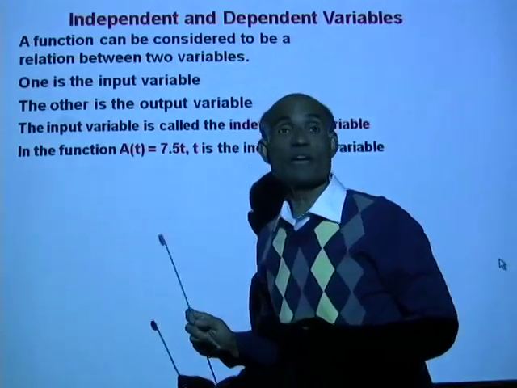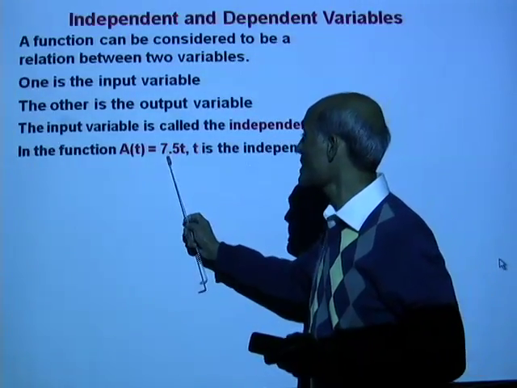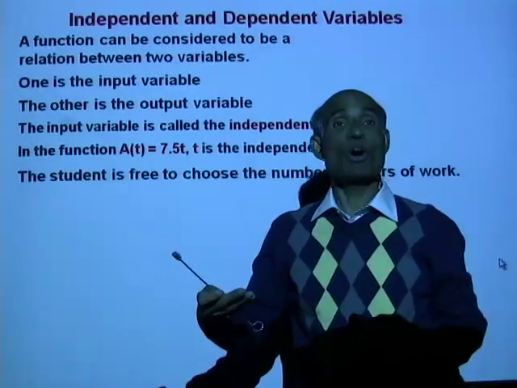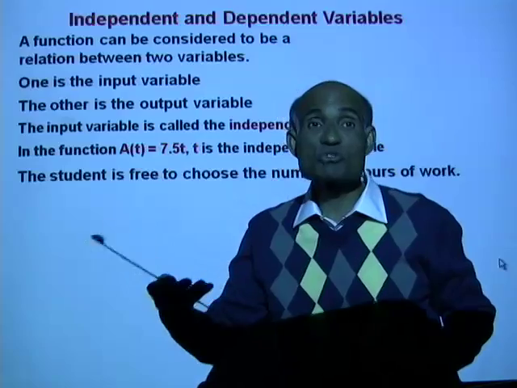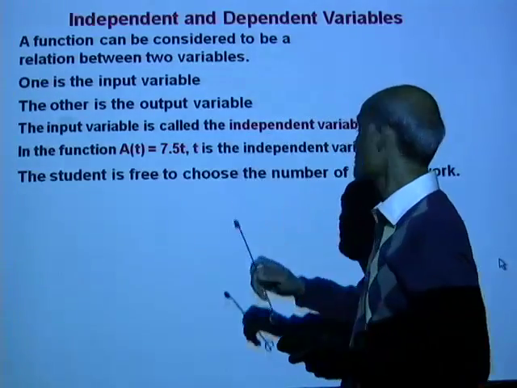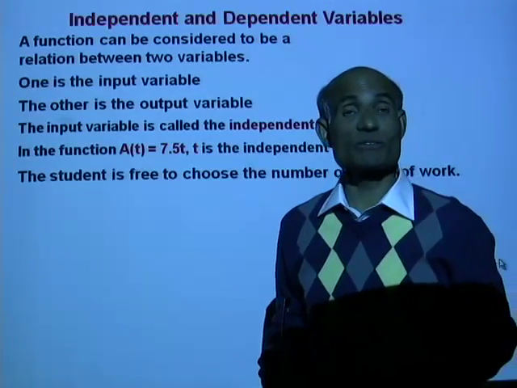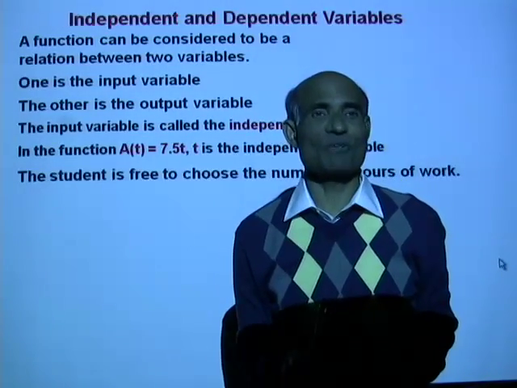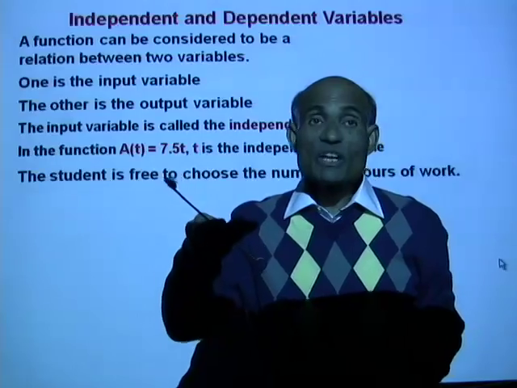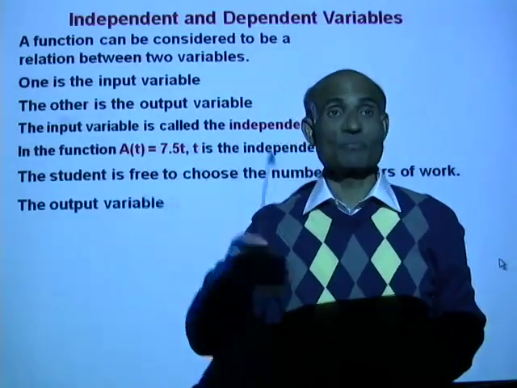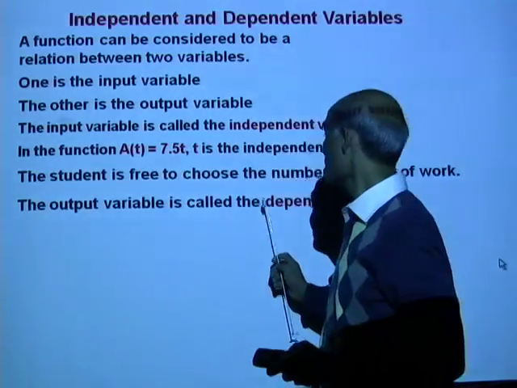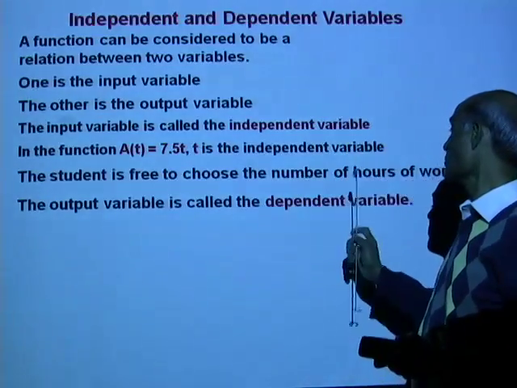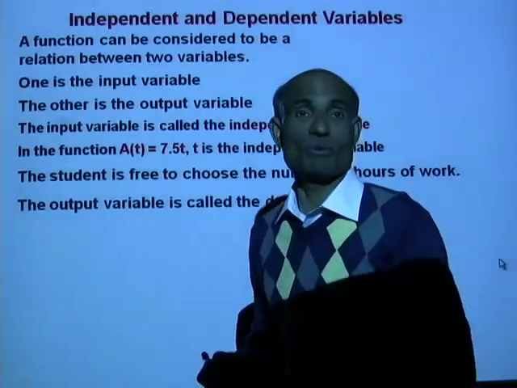So in the function A of t equal to 7.5t, t is the independent variable because the student is free to choose the number of hours he or she wants to work. Is that right? Well, of course, the employer has to agree also on the number of hours. But that is independent. You can actually choose. And the output actually depends on the input. Therefore, the output is called the dependent variable.